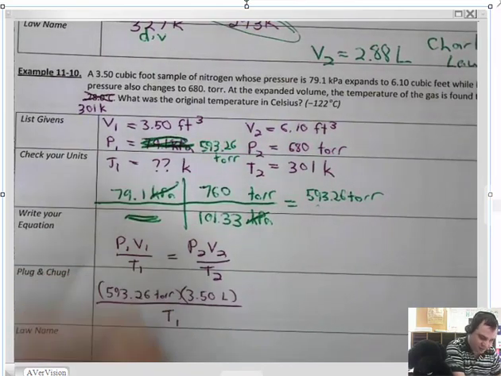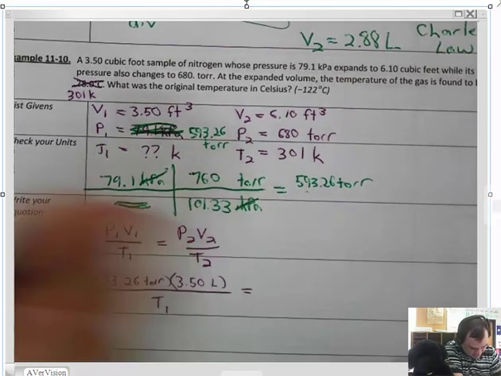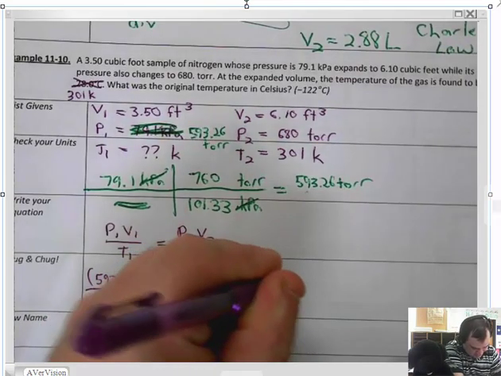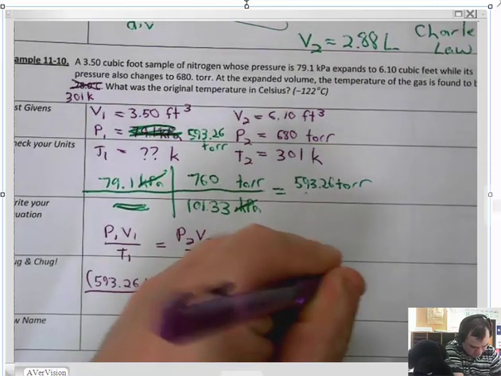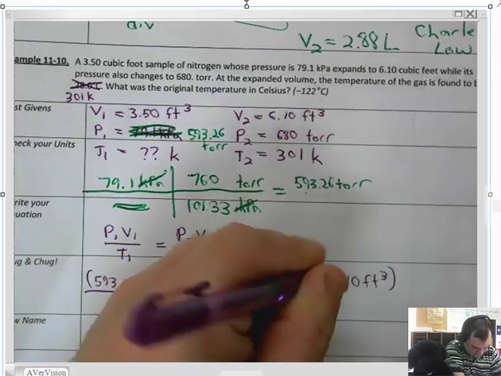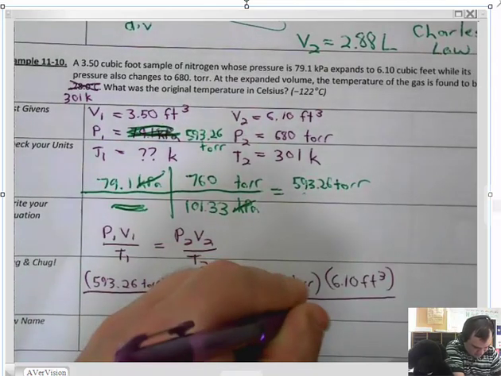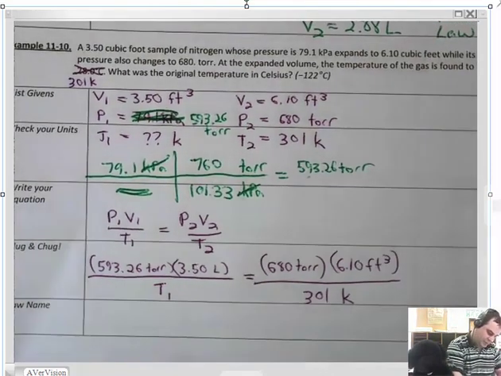We are looking for T1 equals 680 torr times 6.01 feet cubed over 301 Kelvin. This is another proportion here.